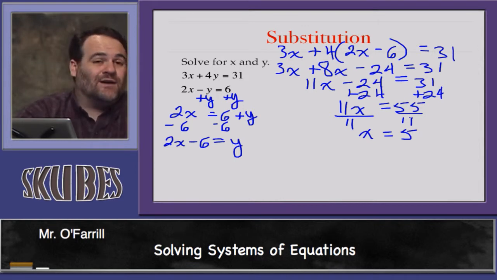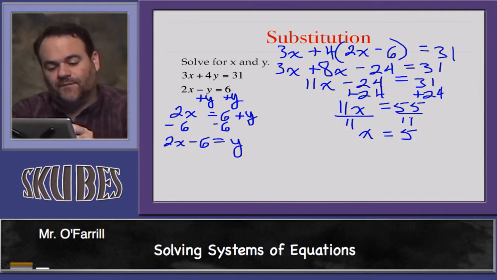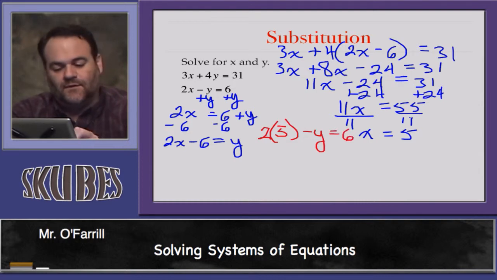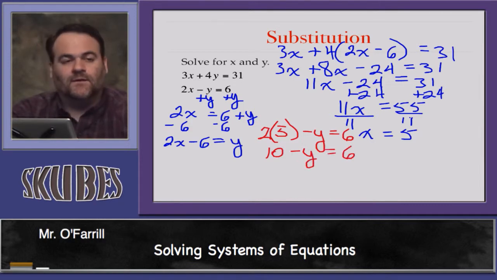Let's use the second equation because it's probably going to be the easiest one to work with right now. We're going to say that 2 times 5 minus y equals 6. We're saying that 10 minus y equals 6.